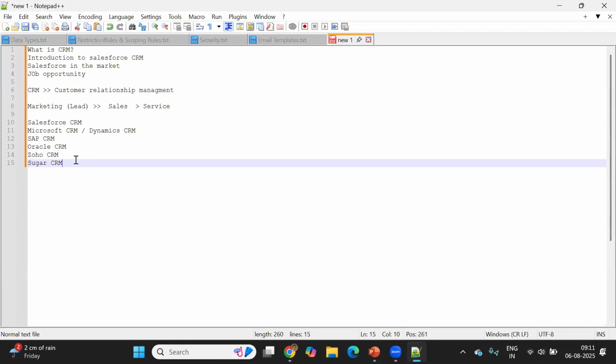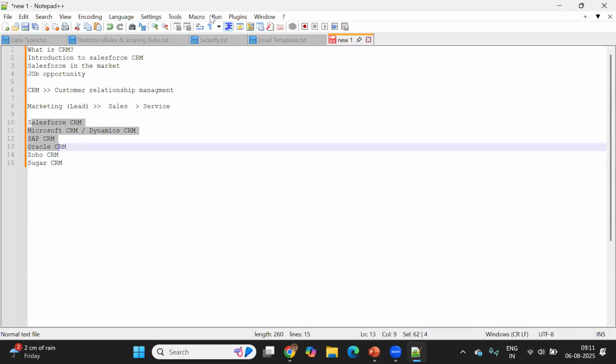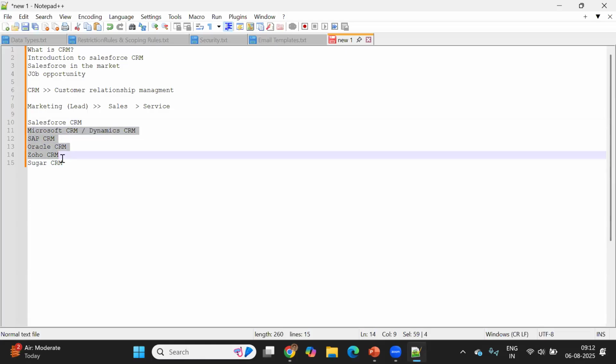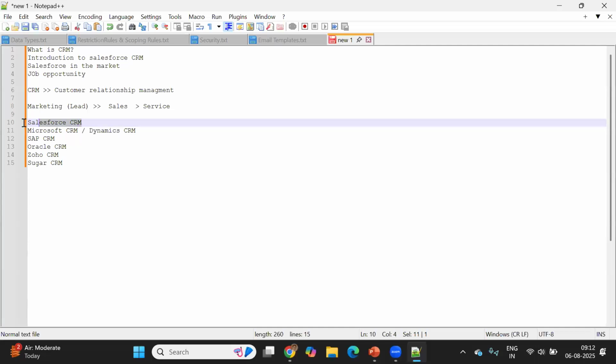Now, as a student or as a consultant, you need to understand what the benefit is if I learn Salesforce apart from Microsoft or SAP or Oracle. To understand this, first you need to analyze the current position of Salesforce CRM. Salesforce CRM is a market leader in CRM applications, occupying 23.9% of the global market.